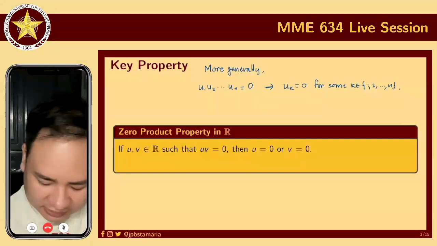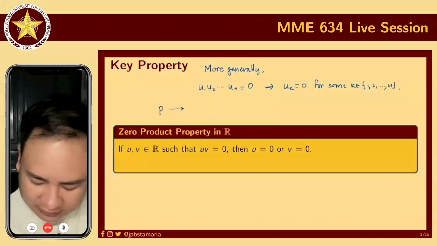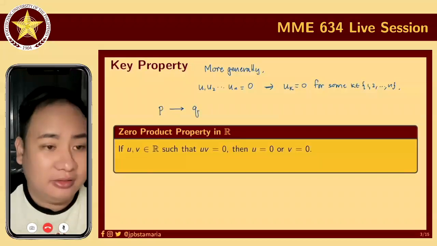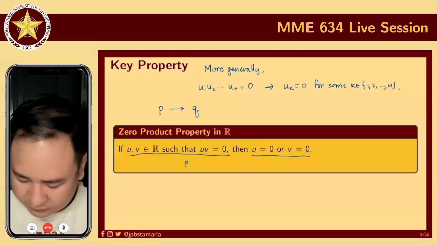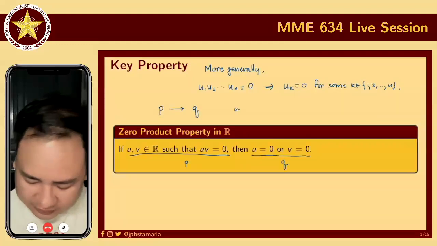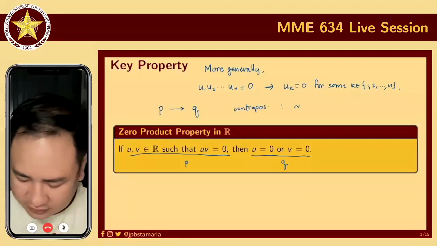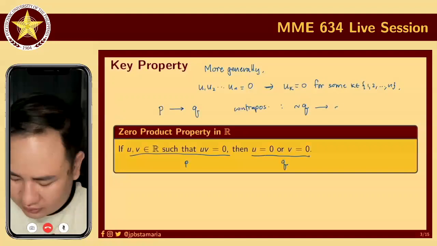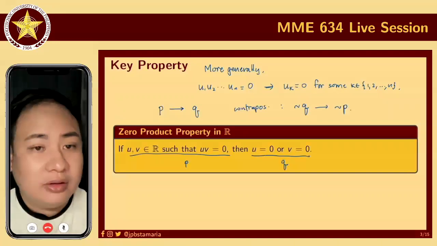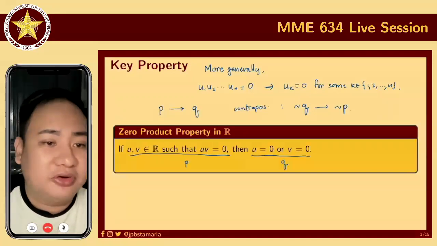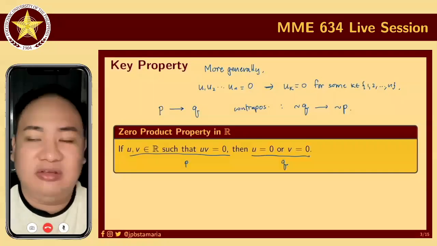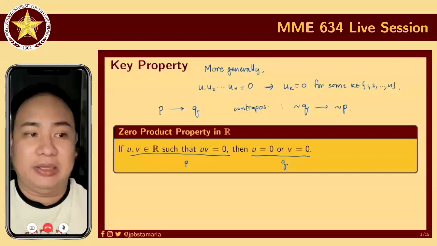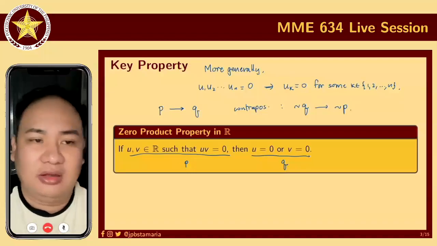Ang statement kasi natin is of the form P, then Q. If P, then Q. Ito yung P. Ito yung Q. Ang contrapositive is the statement not Q, then not P. Alam natin logically that these two statements are equivalent. So in other words, pag kinuha mo yung contrapositive, that is just an equivalent restatement of the given theorem.